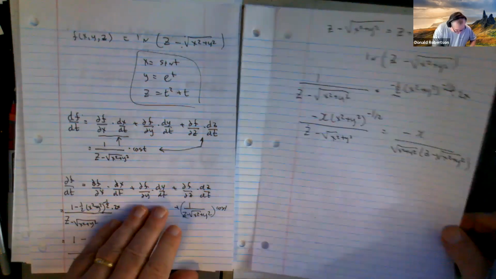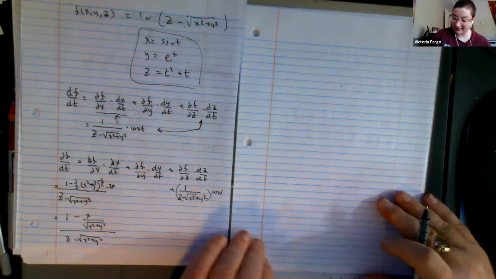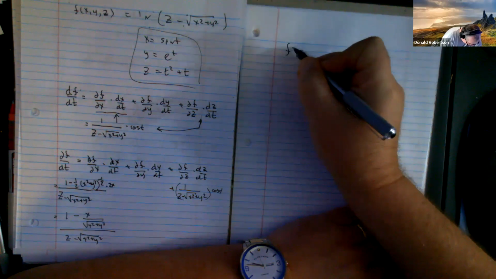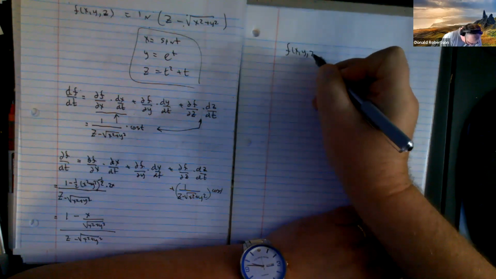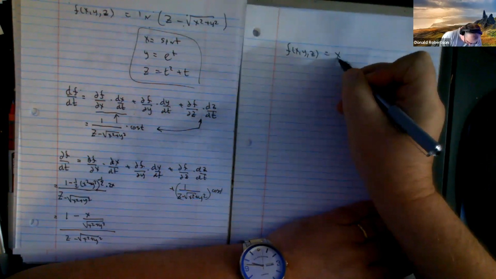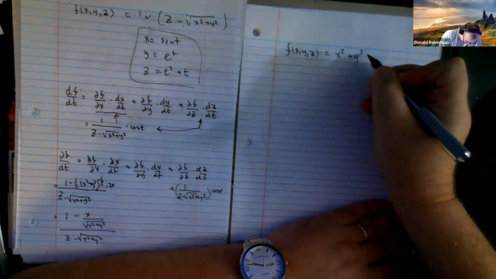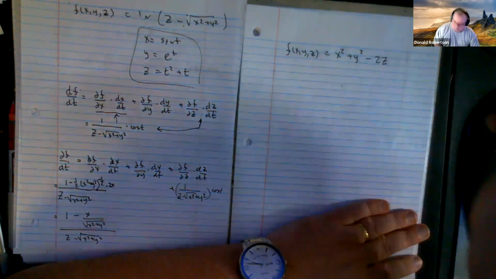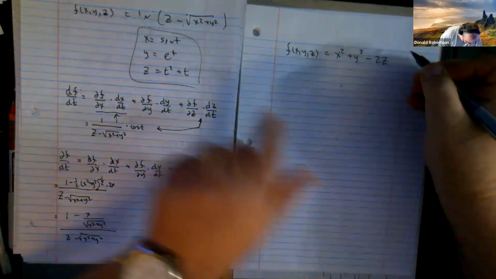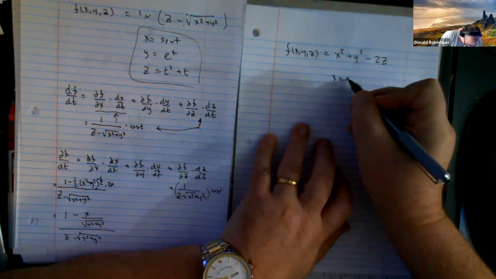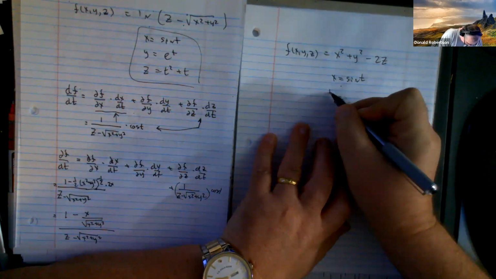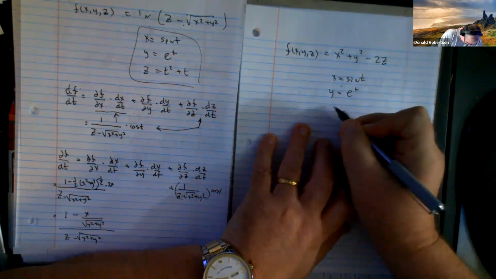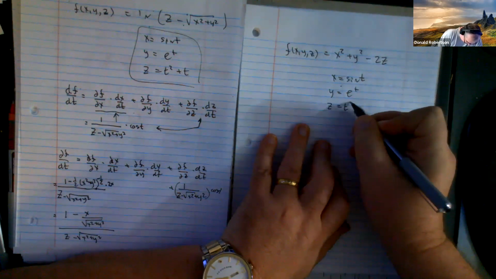Can I choose a different version of that question that is more realistic? Yeah, that's fine. Right. So let's suppose we do a function that is basically just x squared plus y squared take away 2z, right? And we'll keep these guys because they're reasonable. Sine t, e to the t, and t squared plus t.